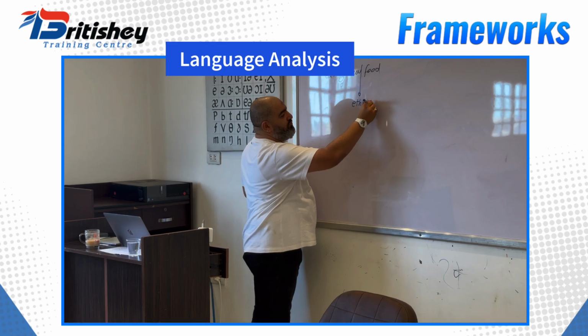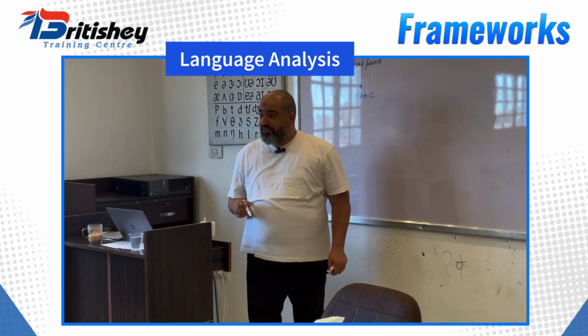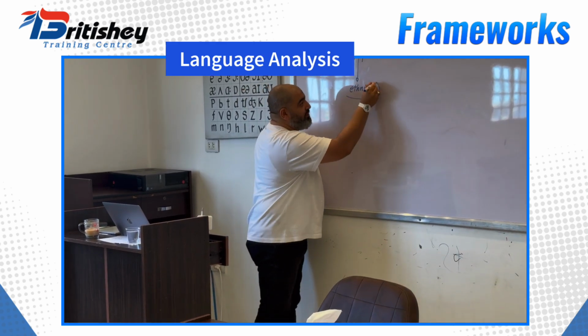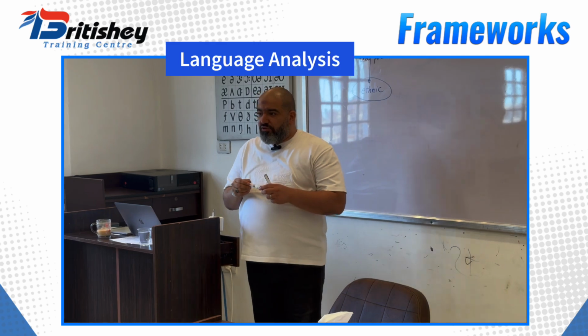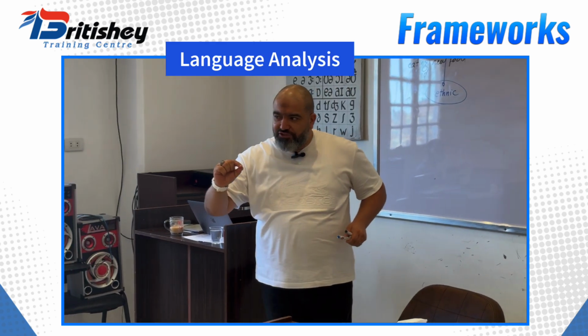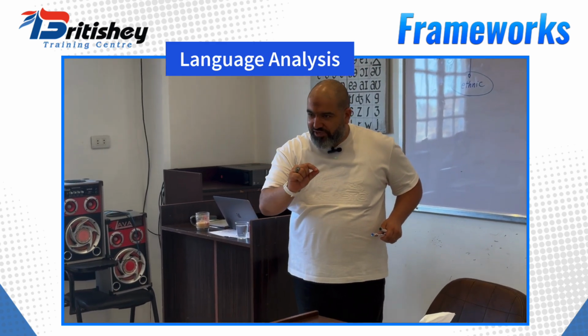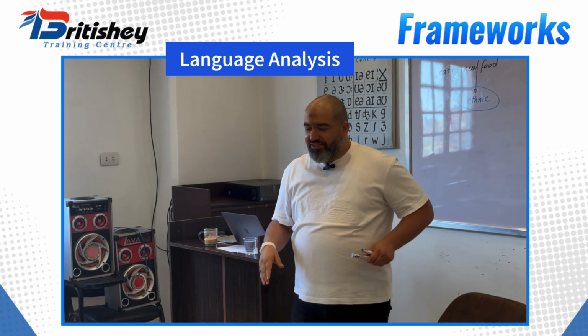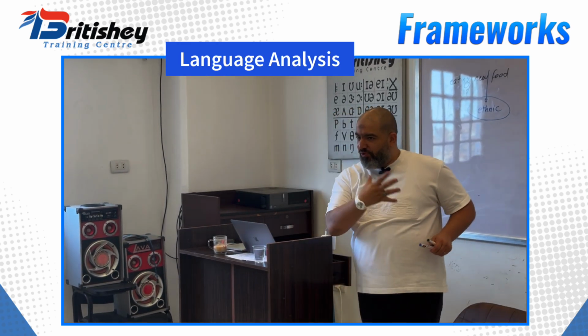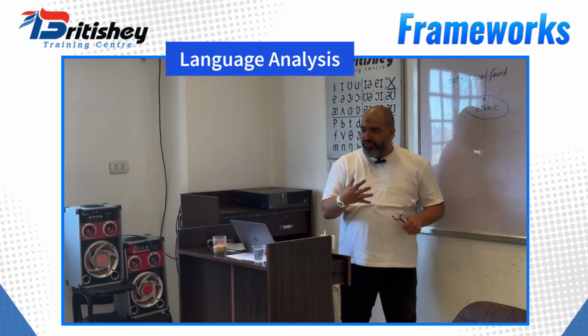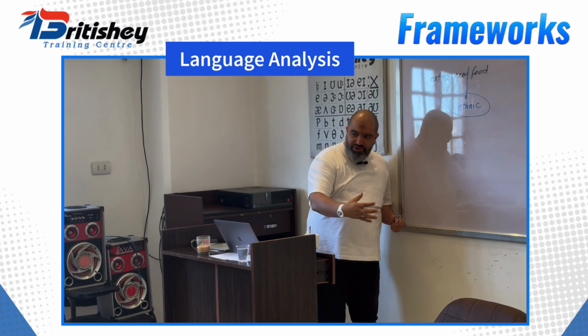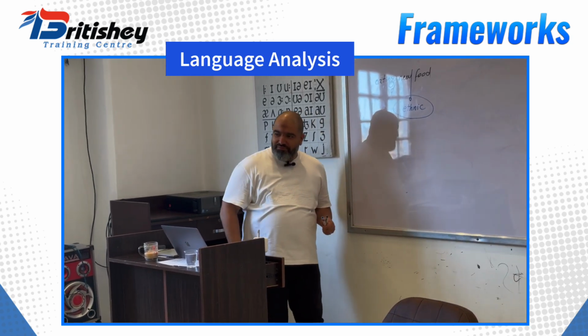Ethnic food. Yes. So ethnic means what? Food that is related to a specific country. So Lebanese people, they have their own ethnic food. South African people, they have their own ethnic food.